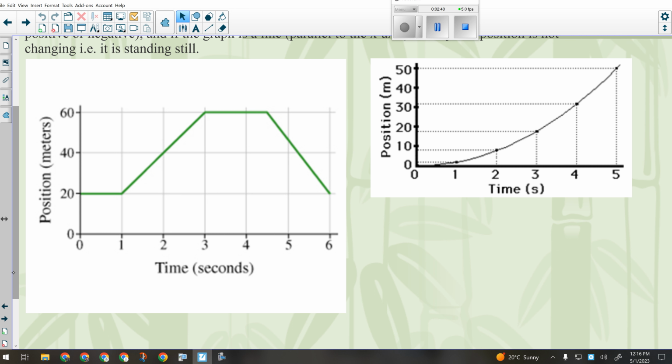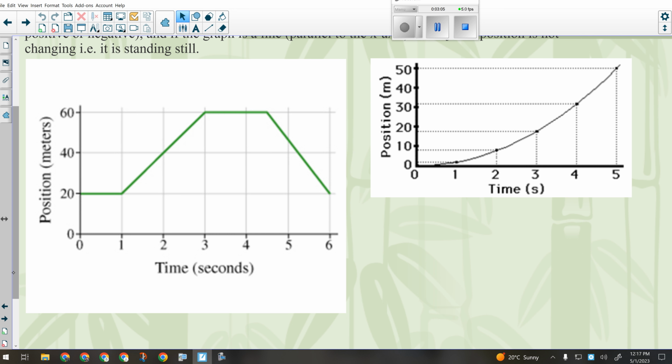Anytime you see a horizontal line on any graph, doesn't matter what it is, it means nothing's happening. Well, I shouldn't say nothing's happening. Nothing's changing. It means that something is constant at that point. Everyone okay with that idea? That could mean the position is constant. If that's the case, the object's not moving. It could mean the velocity is constant.